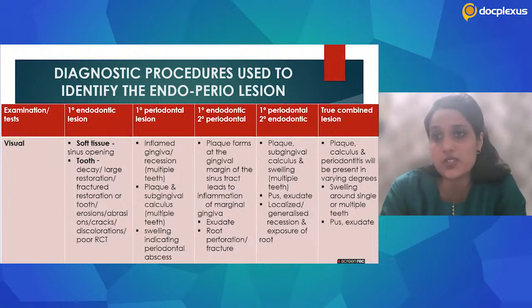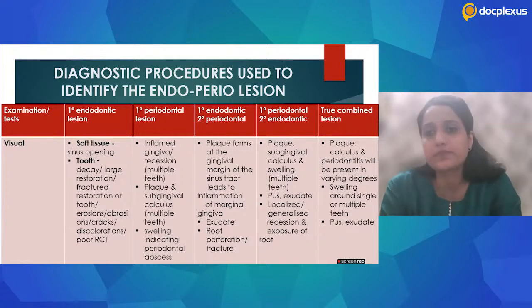If there is any sinus tract, then tracing of the sinus, and any palpatory attachments, if we are palpating on the attached gingiva or otherwise, all of it should be seen. Now coming to the examination, first will of course be the chief complaint. The second thing is that we'll see with our instruments what is present clinically.